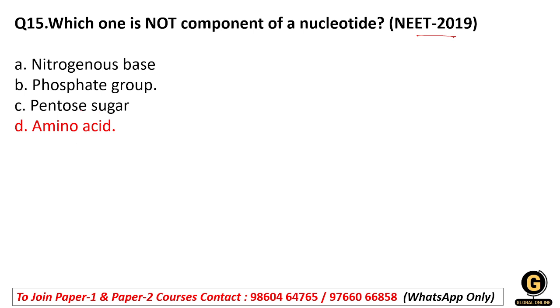So the right answer is amino acid, because a nucleotide consists of, what did we study, a nucleotide consists of sugar plus nitrogenous base plus phosphate. Yes, right, all this is present in a nucleotide, that is nitrogenous base, phosphate and pentose sugar. So, what is the question? Not a component, so it is an amino acid.